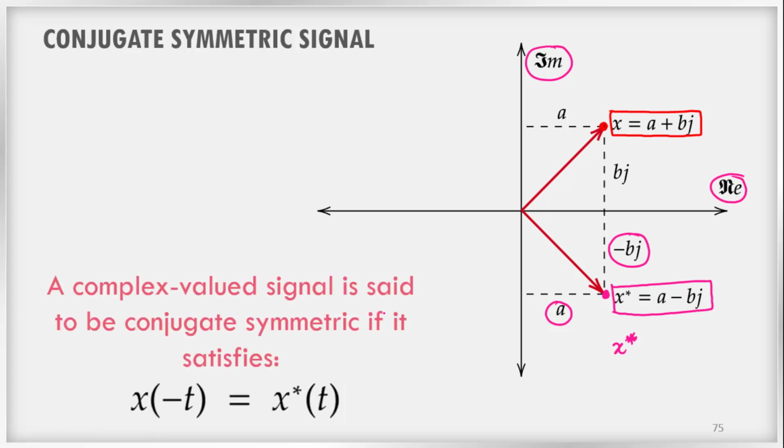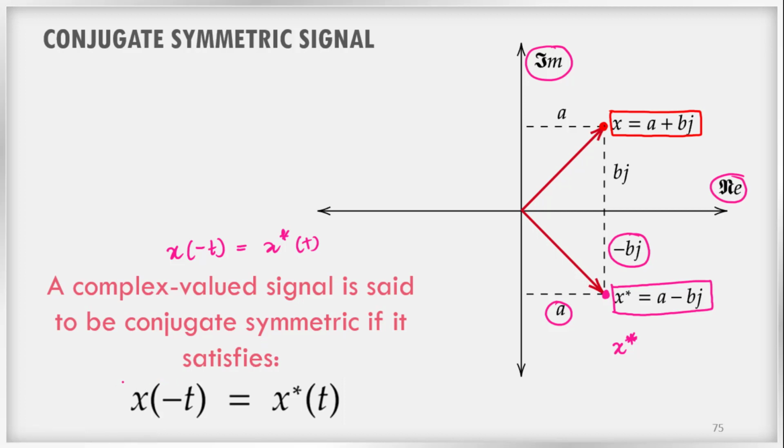A complex valued signal is said to be conjugate symmetric if it satisfies this condition: x of minus t is equal to x asterisk of t. In other words, for a signal with conjugate symmetry, time reversal has the same effect as complex conjugation.